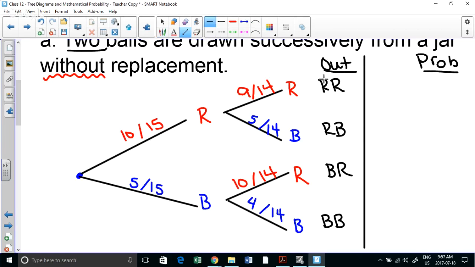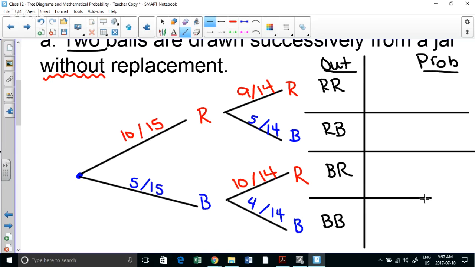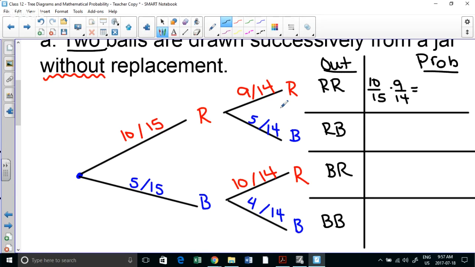What is the probability of each of these things? Well, I multiply the probabilities on the branches. So red, red is 10 over 15 times 9 over 14, which gives me 90 over 210.